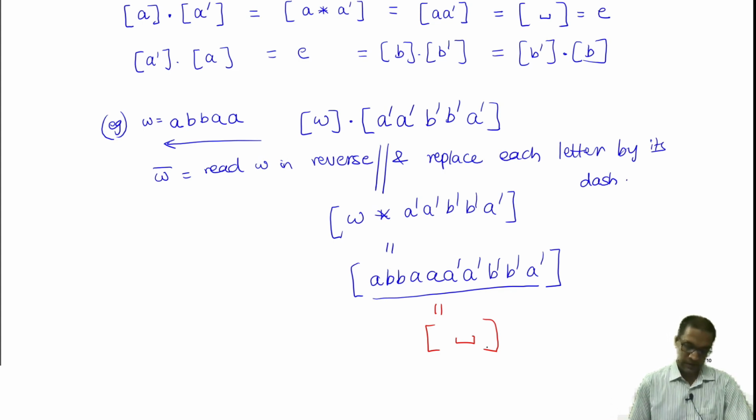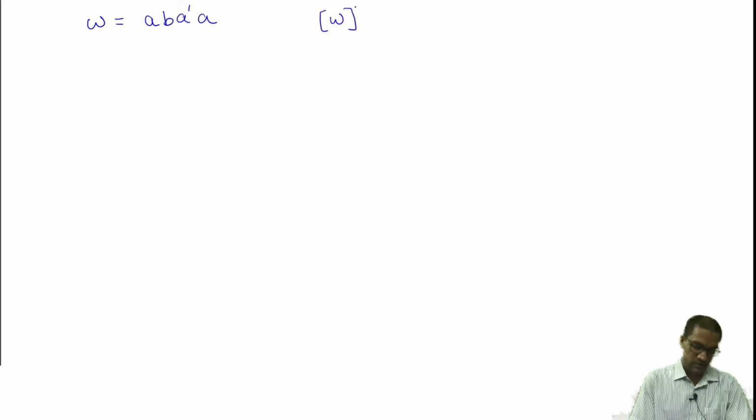Okay, and in fact this was just a particular example, but more generally the word can have dashes as well. Okay, so here's another example. So if I have A, B, A dash, A for example, then I claim that the inverse of that equivalence class is just read the same thing in reverse but put dashes.